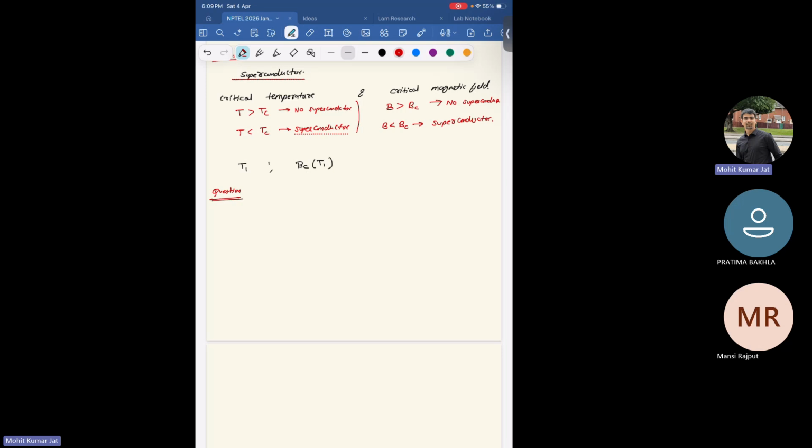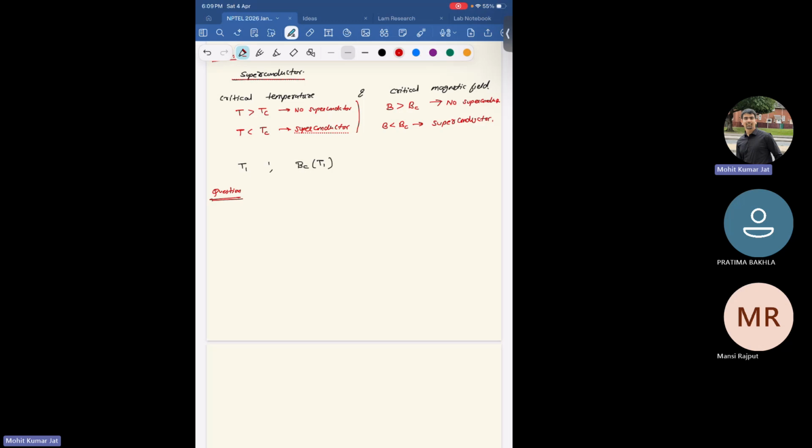So you will understand from this problem that if you change the magnetic field, the critical temperature till which your material remains a superconductor also changes. It's not a linear function, but I'll come to the form also. What is the form of this critical temperature and the magnetic field?